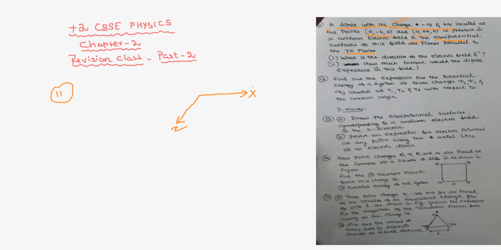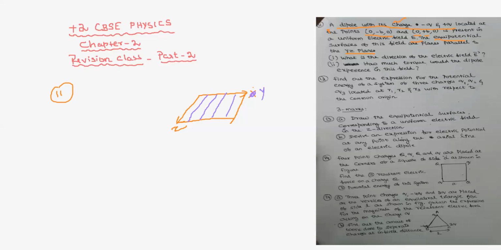And then our equipotential surface lies in this plane, like this. It lies in the YZ plane, not XZ. So this is the equipotential surface of electric field E.